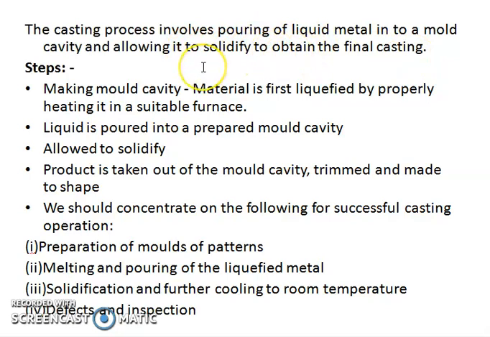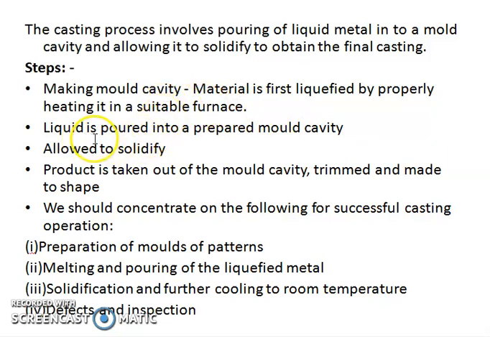In that we have different steps. The first one is making a mold cavity. A material is first liquefied by properly heating it in a suitable furnace. So as we know, we collect the scrap material, which is in solid form, in the furnace. By heating the furnace, it is converted into molten form. Now that molten metal is poured into the molding box.